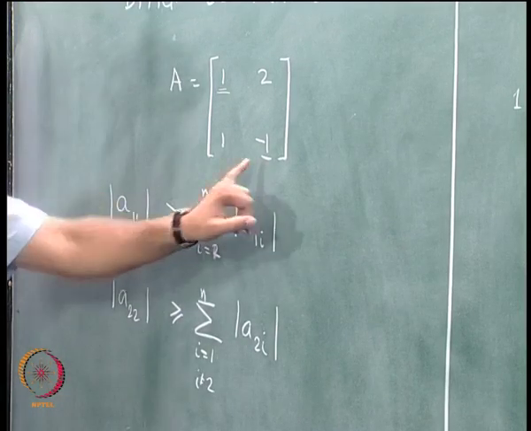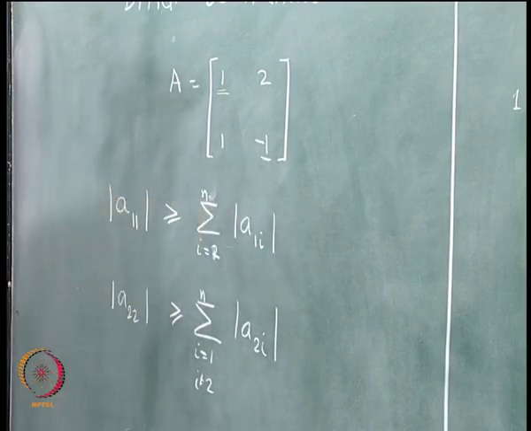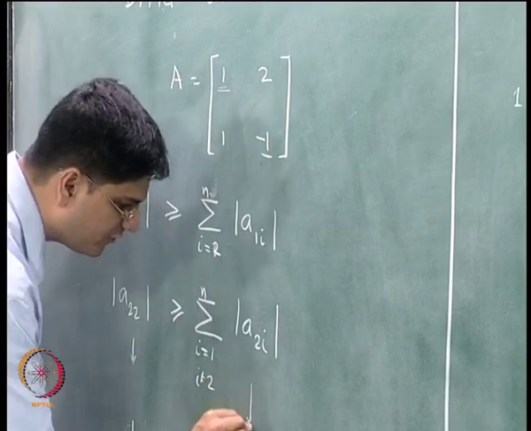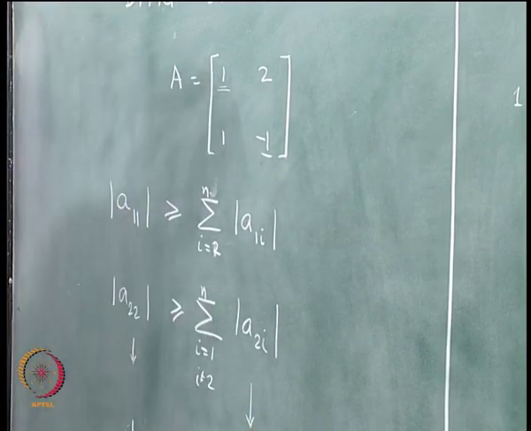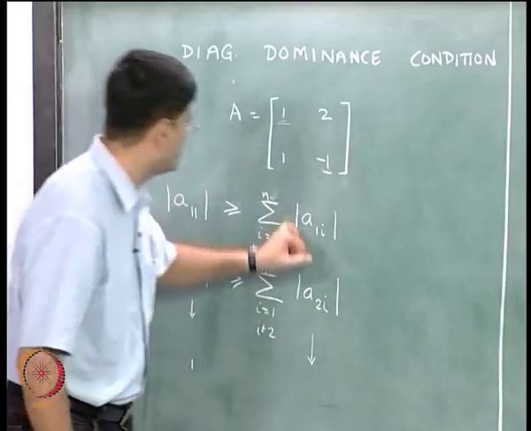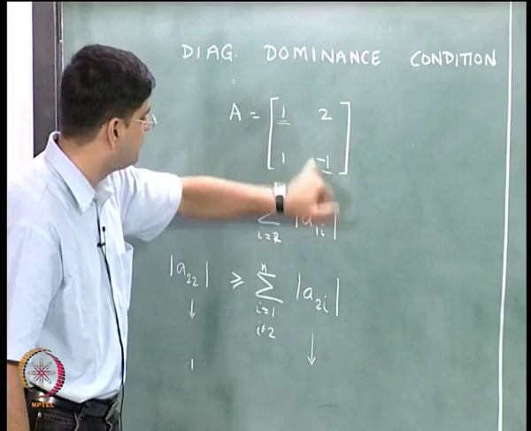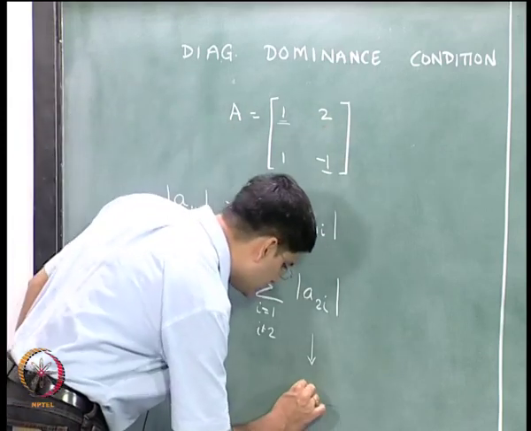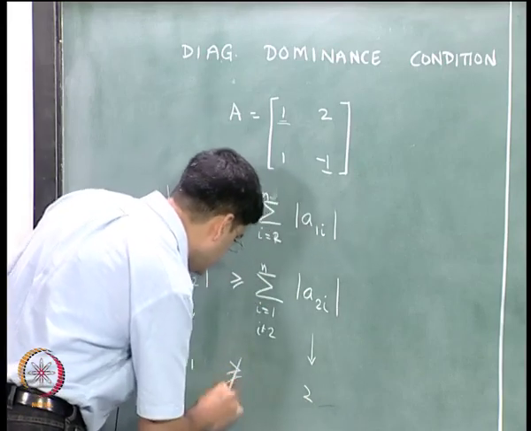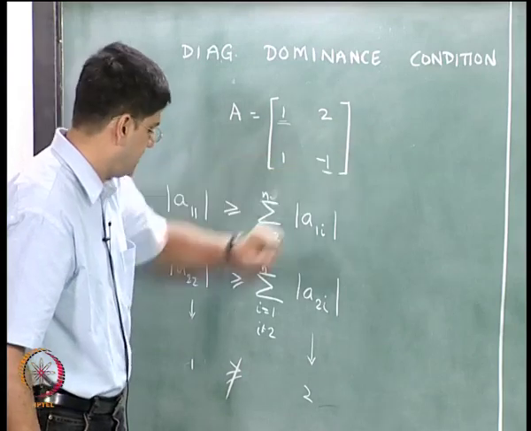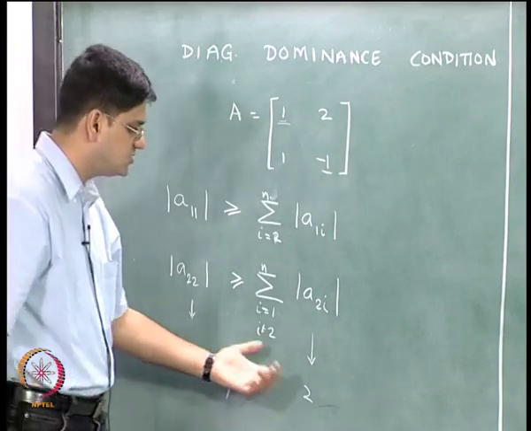In this case the absolute value of A22 is 1, and the absolute values in that particular column sum to 2, and this condition is not met. So what we get with the matrix A is that the diagonal dominance condition is not met.